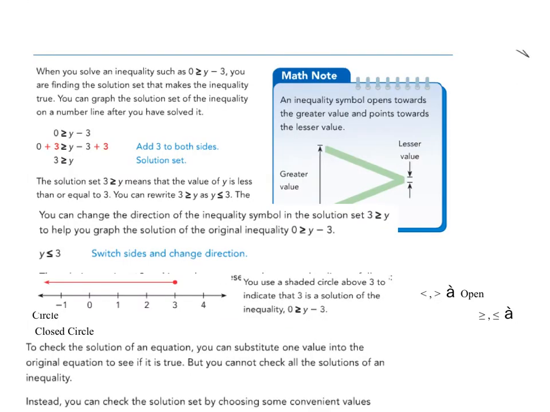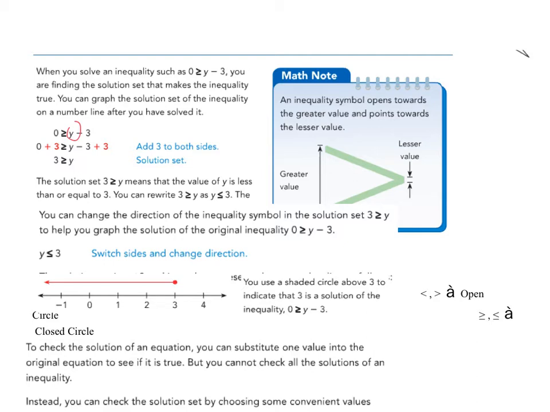All right, when you solve an inequality such as 0 is greater than or equal to y minus 3, you are finding the solution set that makes the inequality true. You can graph the solution set of the inequality on a number line. Just like we did before, you need to get the variable y alone. So in order to get y alone, we need to get rid of a -3. So we add 3 to both sides. 0 plus 3 is 3.